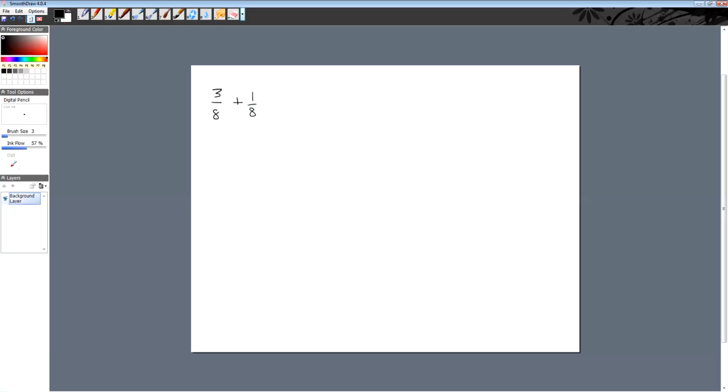Now, when you're adding fractions like this, if the denominators are the same, that is, the number on the bottom is the same, the result is that the denominator stays the same and the numerators just get added. So this would be 4 over 8. And 4 over 8 is the same as 1 over 2 times 4 over 4.